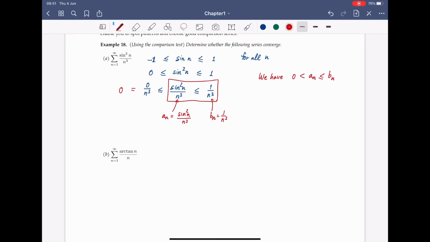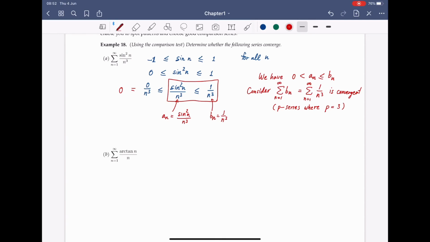So we consider the summation of bn when n starts from 1 to infinity, which is the summation of 1 over n cube. And this is convergent because it is a p series where p equals 3. So it is convergent by p series.